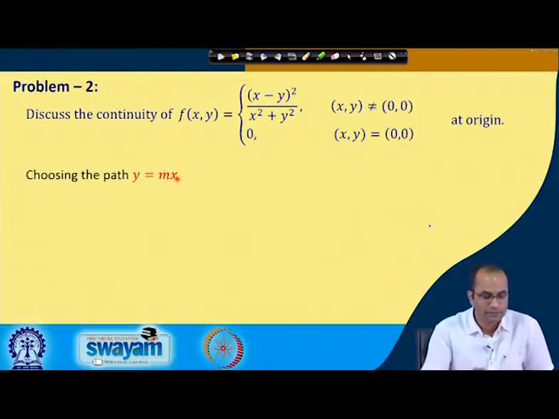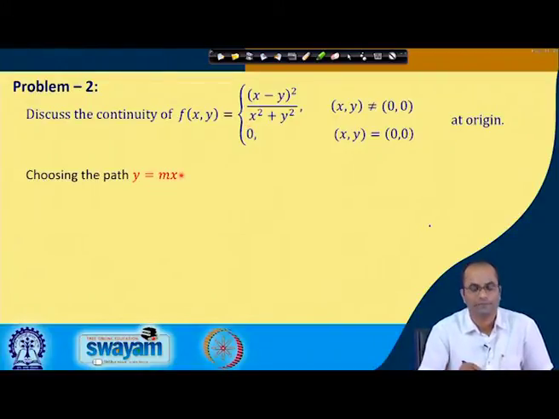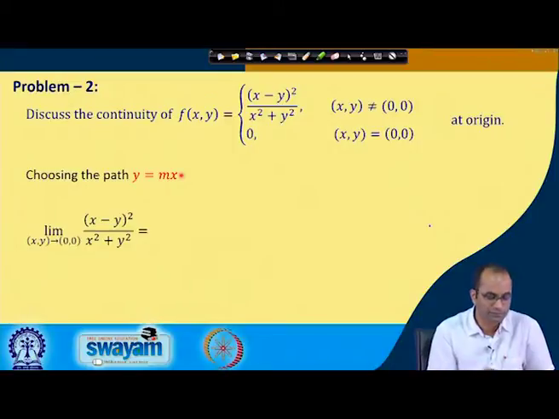In this case we will choose the path y is equal to m x, because this path is conclusive: the order in the numerator is 2, and in the denominator it is also 2. Choosing y is equal to m x, the x will get cancelled and this limit will depend on m. In most cases this will work.